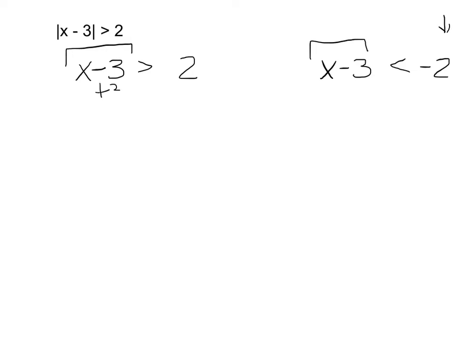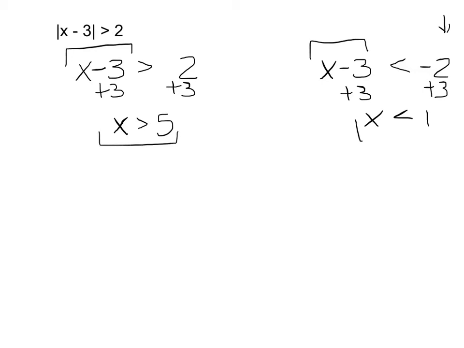Now I'm going to solve these the same way I would have solved them before. x is greater than 5. Come over here, add 3 to both sides. x is less than 1. So now what I have here is a situation where I need a number greater than 5, a number less than 1. Here's a little helpful hint. In this particular case, I'm dealing with a greater than symbol.